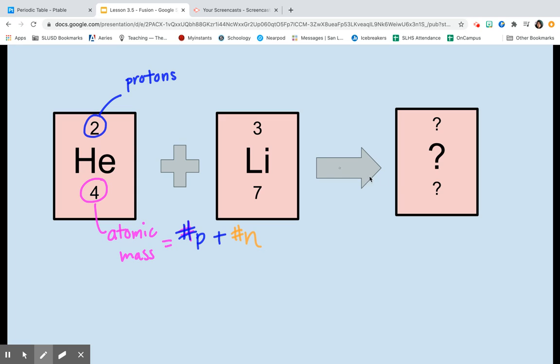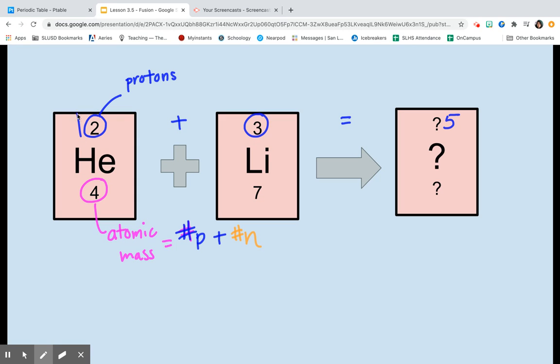So here, it's kind of like what we just did in our notes, right? So if I think about how many protons I have, 2 on top of helium, 2 on top of lithium. If they crash into each other to form one thing, I will end up with 5 protons because 2 plus 3 equals 5.